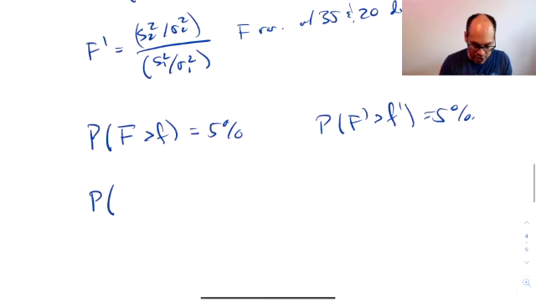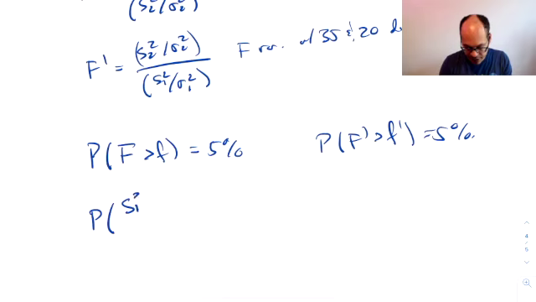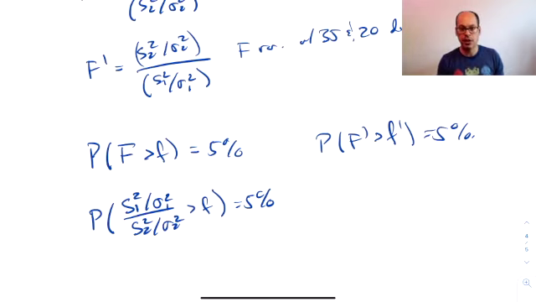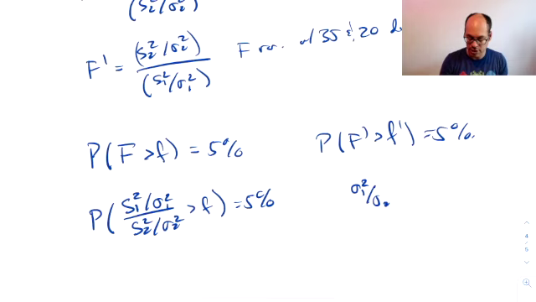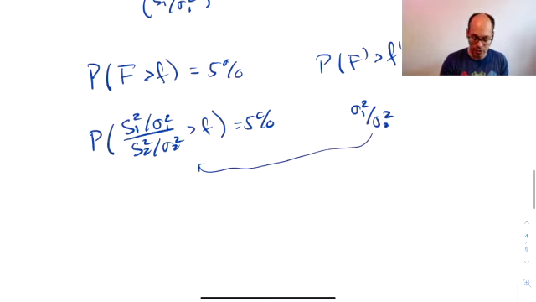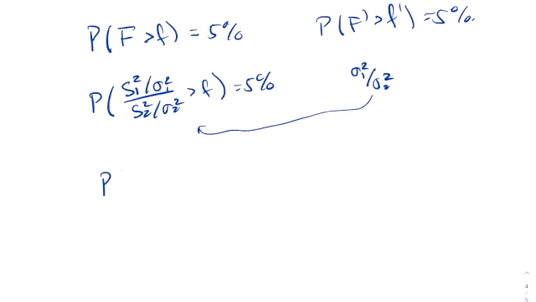So this says the probability that s1 squared over sigma 1 squared divided by s2 squared over sigma 2 squared is at least f is 5%. Now, what I would like to get is some constraint on this quantity sigma 1 squared over sigma 2 squared. So I'm going to solve for it in this inequality. Rewriting this, we have s1 squared over s2 squared times sigma 2 squared over sigma 1 squared.